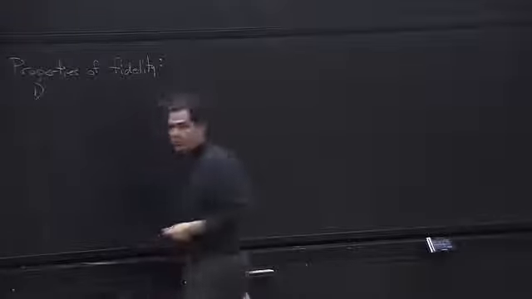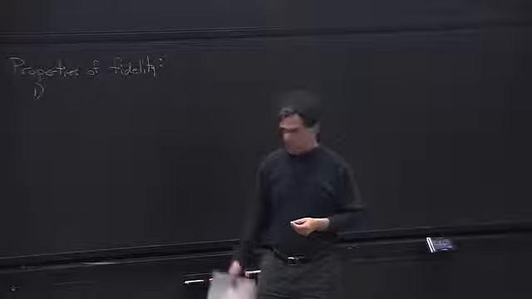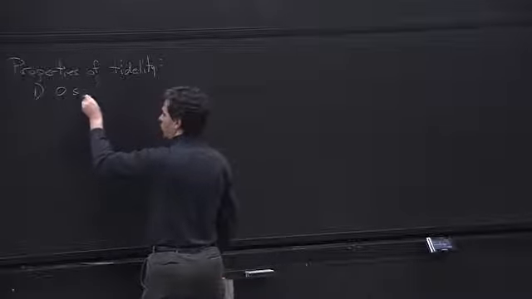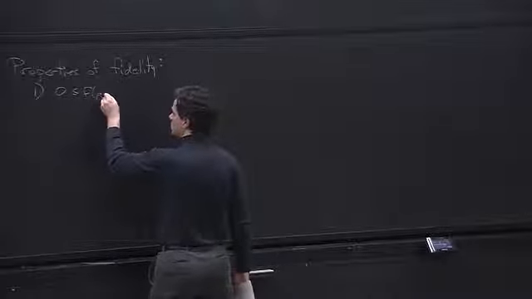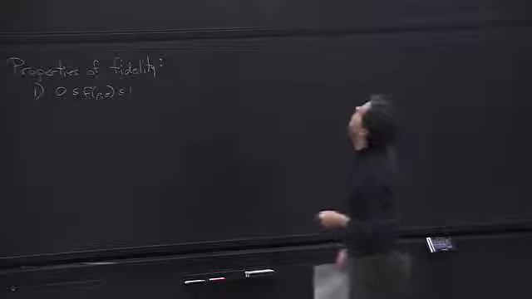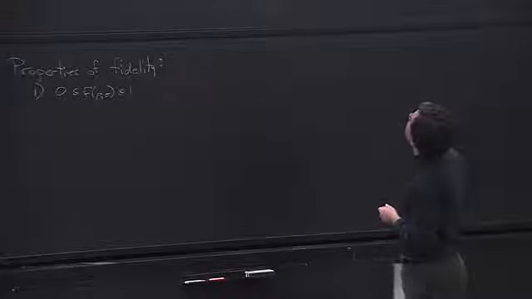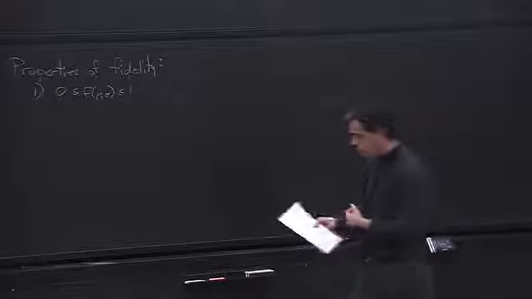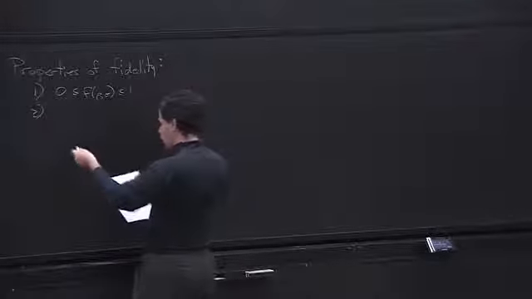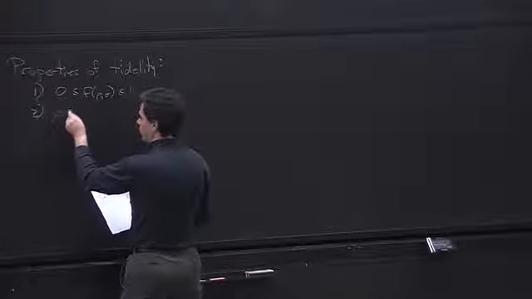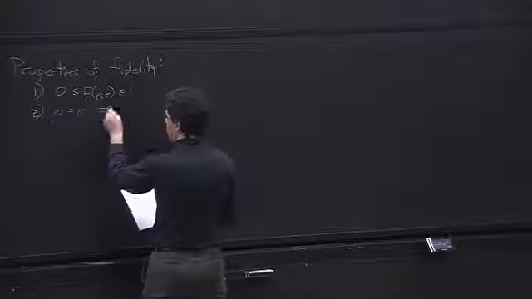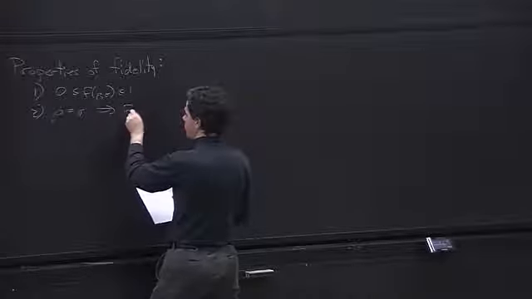Okay, well, the first one is maybe the simplest one, which is that it's always between 0 and 1. Yeah, I guess even that is not immediately obvious from the definition. So the second one tells us that if the two states are the same, then the fidelity between them is 1.